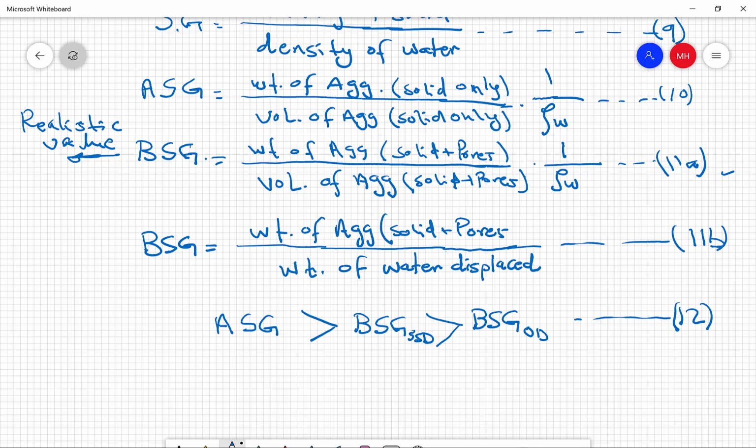I'm saying approximately, based on the assumption that normal weight aggregate rocks have a porosity on the order of 1 to 2%. But this will not be true for the lightweight aggregates, whose bulk specific gravities are strongly dependent on the moisture condition. Remember that.